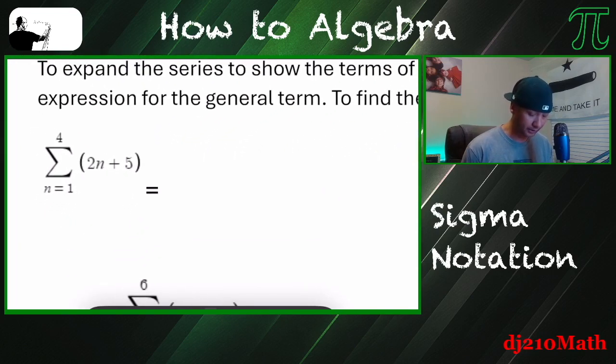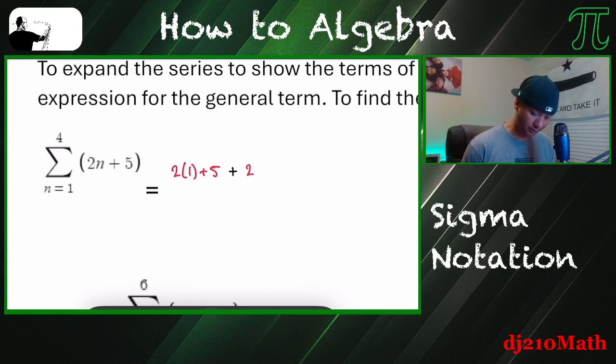All right, so the idea is that we expand, right? We expand. So this is the same example. So the first term, n equals 1. So 2 times 1 plus 5. Right. So that's the first term. I'll use a different color to keep it separate.